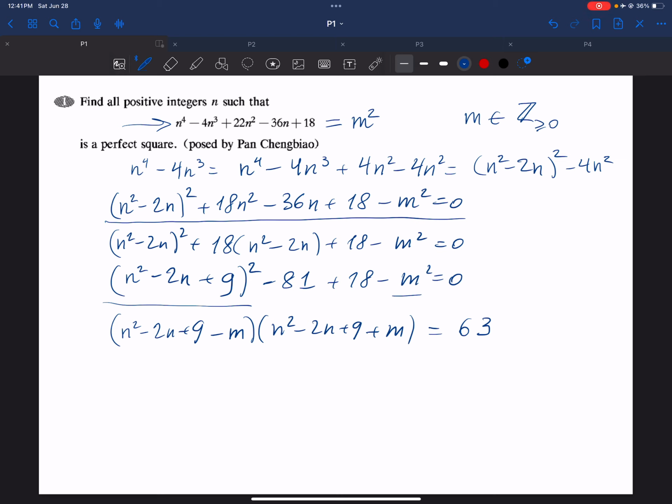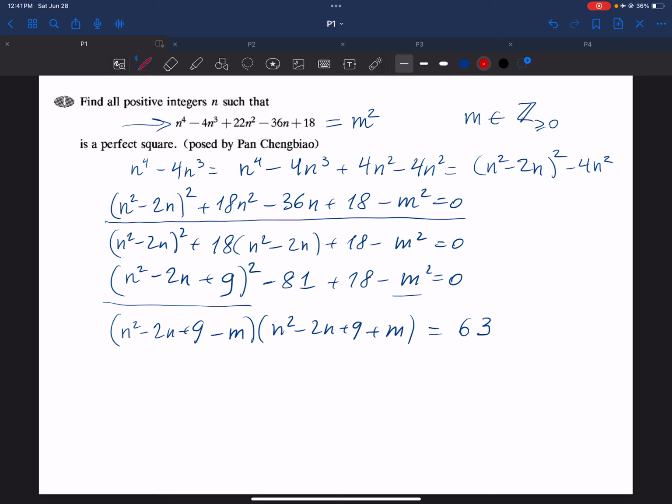Perfect. Now we can just look at this expression, and we notice that all we need to do is factorize 63 into a product of two integers. And furthermore, they are obviously positive, right?